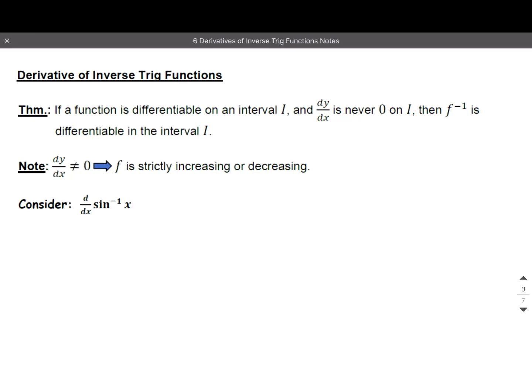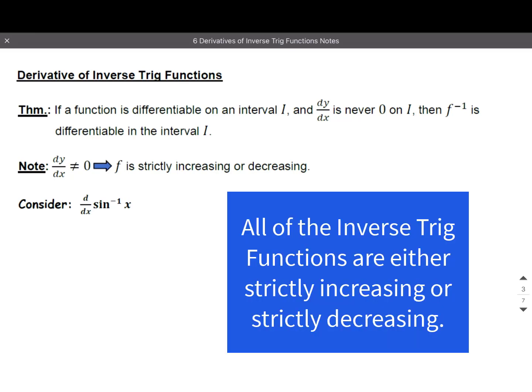The derivative exists, but it's never 0, so it's never staying level, never has that horizontal part. That means you're going to have a strictly increasing or a strictly decreasing function. Okay? Now, those will have inverses that have derivatives.